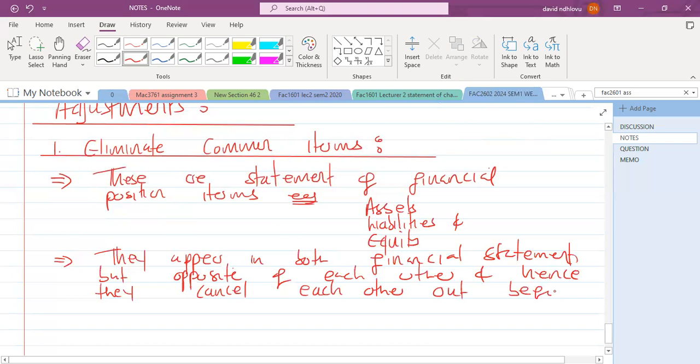These are a result of intercompany transactions.